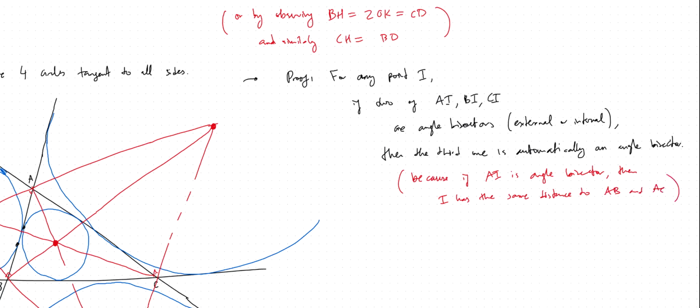So if AI and BI are both angle bisectors, I has the same distance to AB and AC, and it has the same distance to AB and BC. So it has the same distance to all three of them. CI is also an angle bisector.